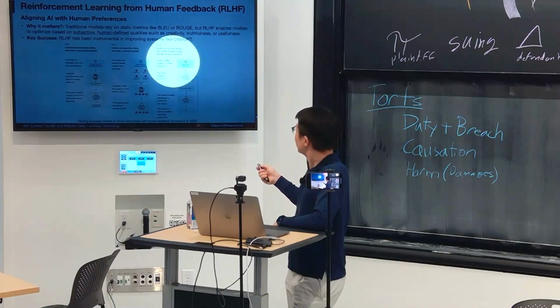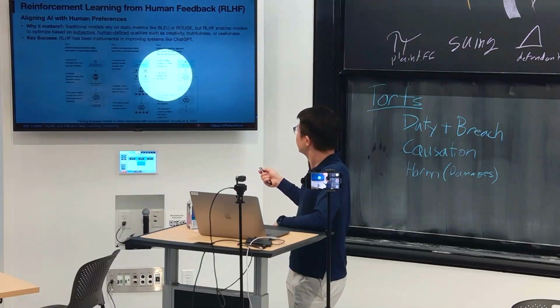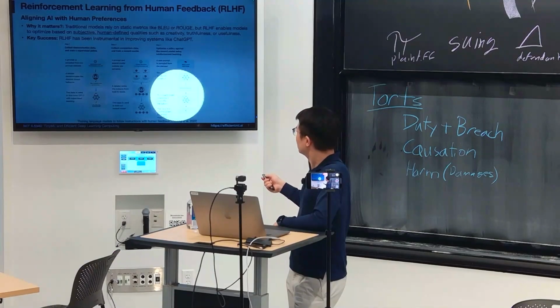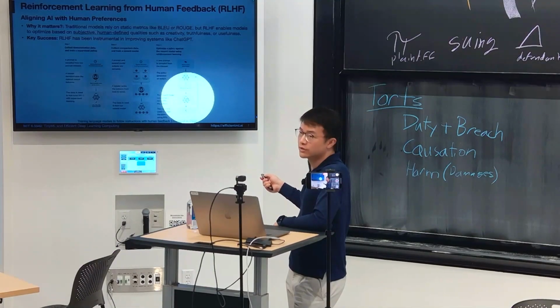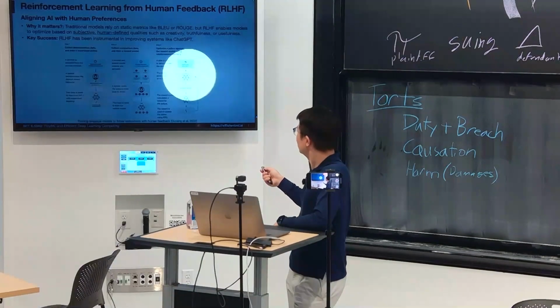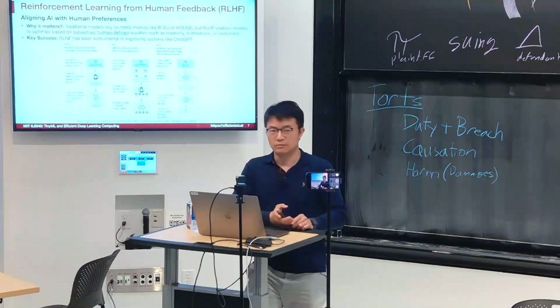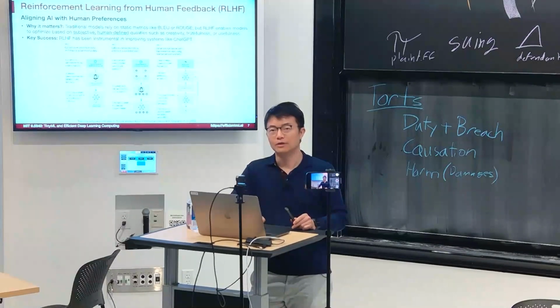A new prompt is sampled from the data set, say, write a story about frogs, and the policy generates an output, and the reward model calculates a reward for this output. We try to maximize the reward. The reward is used to update the policy using PPO. Given the reward, we update the language model to generate a new response and close this loop, making the model get better and better with the help of the reward model.